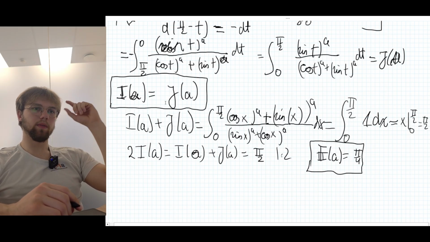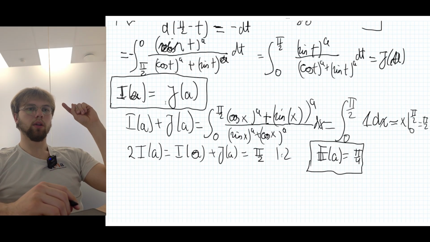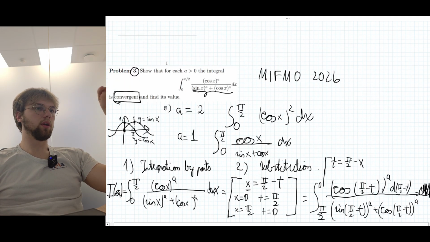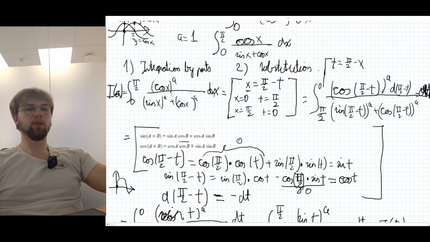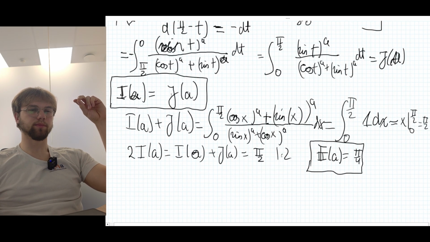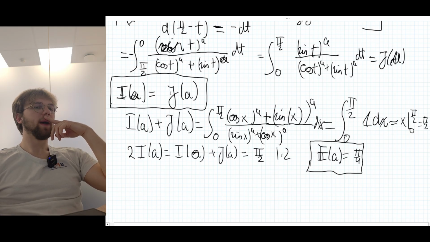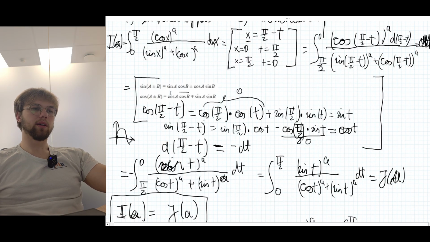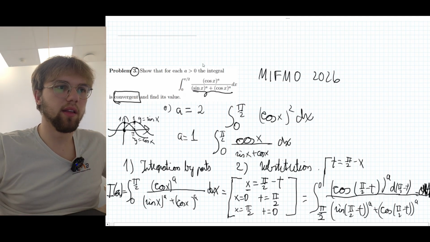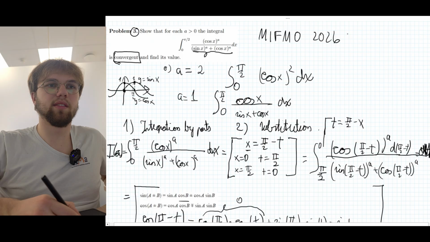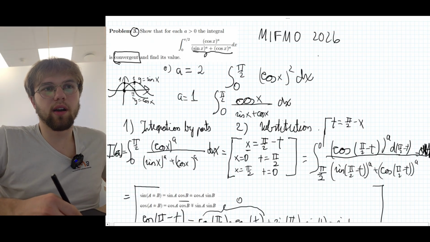As a matter of fact, it would actually have been better to have started with proving that the integral is convergent, and then and only then proceeding with these solutions. But look, proving convergence is not that difficult. I mean, it's not even a proof.